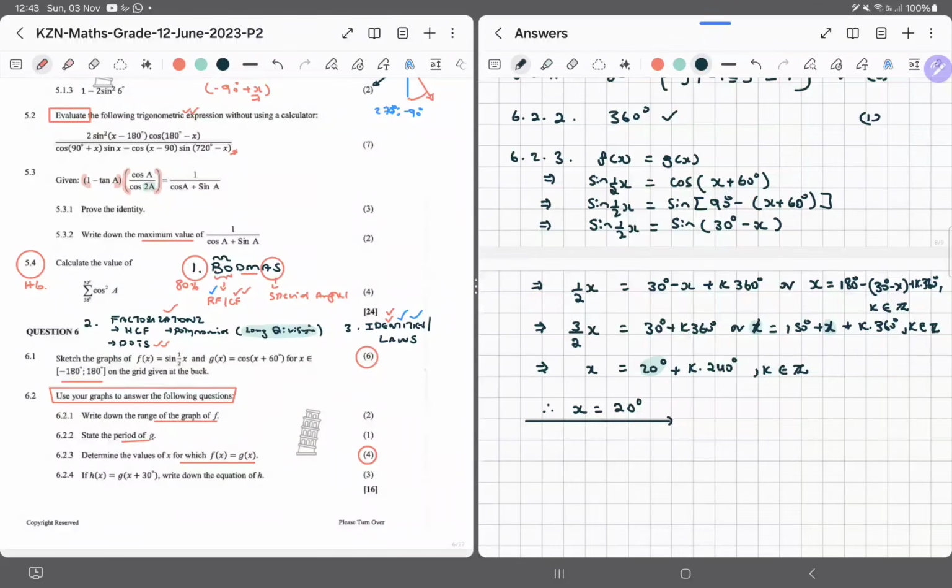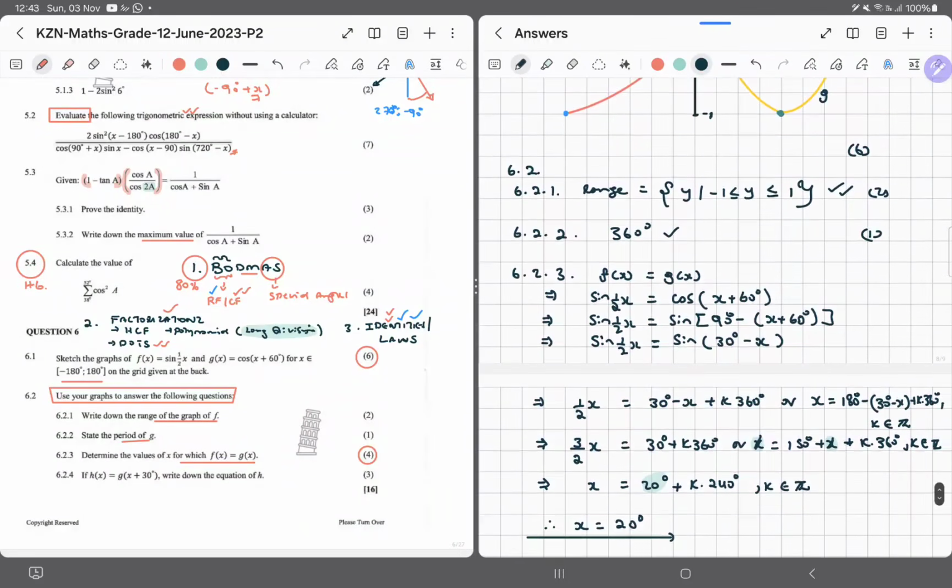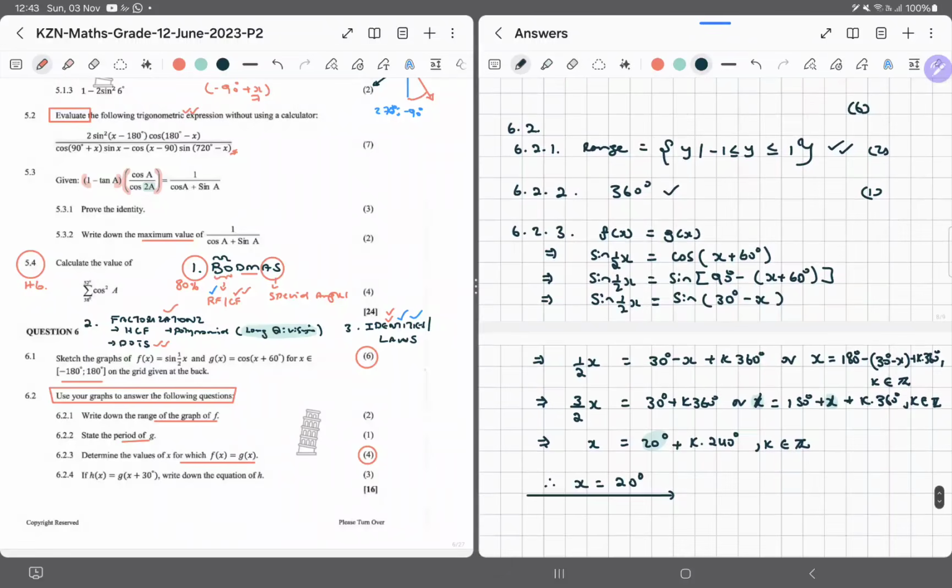So general solutions for me is the best way to go about doing your business. And as you can see, our three-step approach is still being applied heavily. So obviously using our co-ratios here is very important. Maybe we can get a mark for that, and then we get a mark for this business over there, and the third mark for this one over there, and the last mark for the answer.